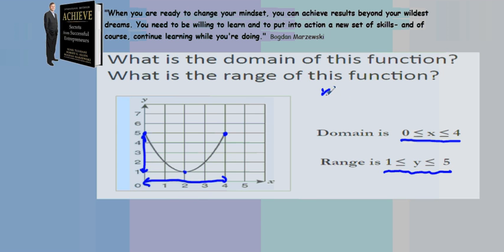If I were to use interval notation, for the domain you would say x is an element of square brackets 0, comma 4, and for the range, you would say y is an element of square brackets, because you include the endpoints, 1, comma 5.